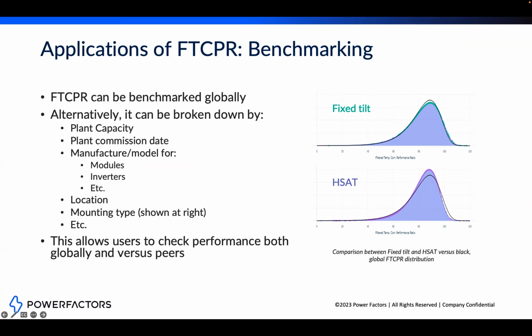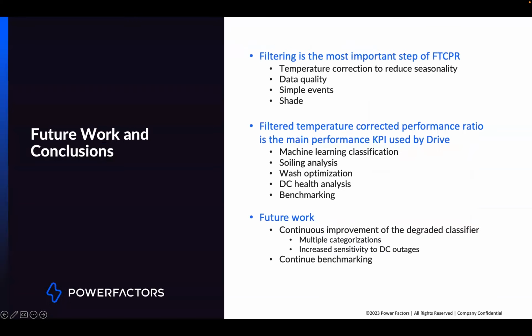The global distribution of FDCPR is shown in the black line. HSAT has a slightly lower FDCPR than fixed tilt. This is probably due to additional losses caused by tracker outages, although we haven't investigated it. Benchmarking is an area of active analysis, and we're working with our customers to derive useful analysis from both individual portfolios and our global data set.